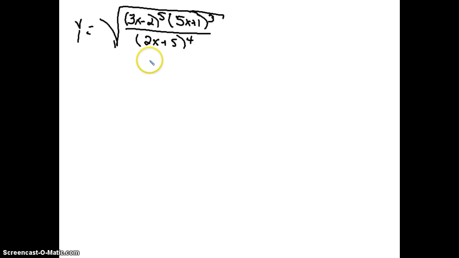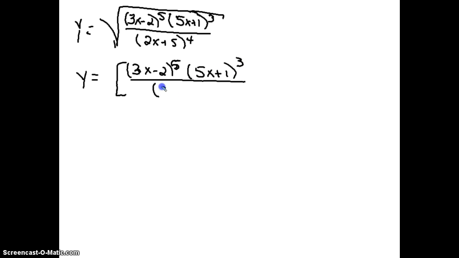You'll get the idea. So I know that this is y equals, this whole thing, (3x minus 2) to the 5th times (5x plus 1) cubed over (2x plus 5) to the 4th, and it's all raised to the 1/2 power.